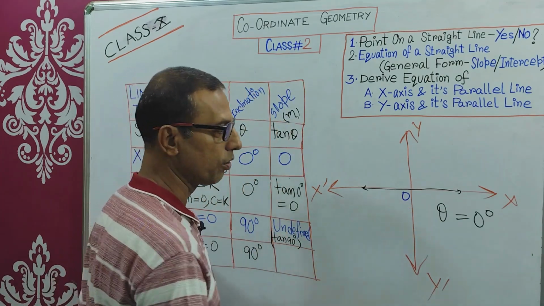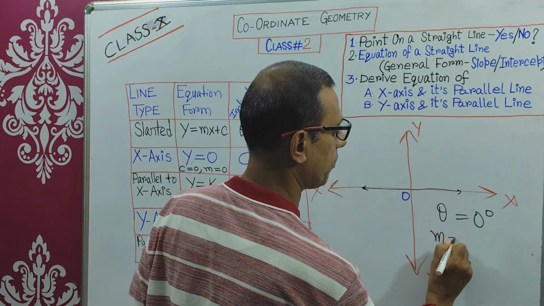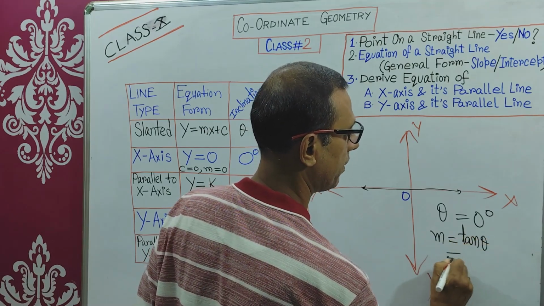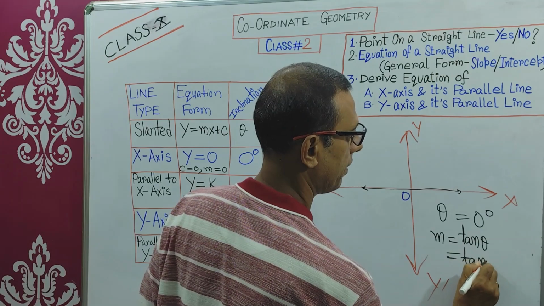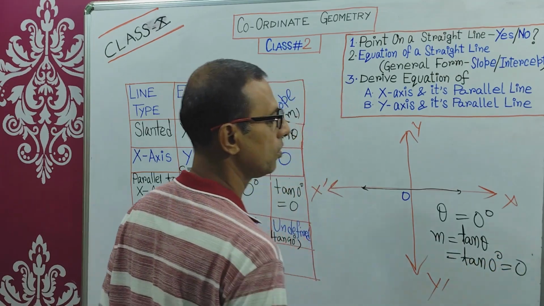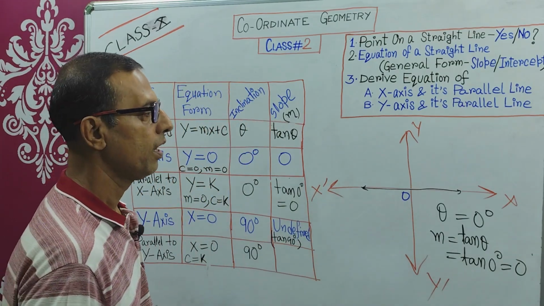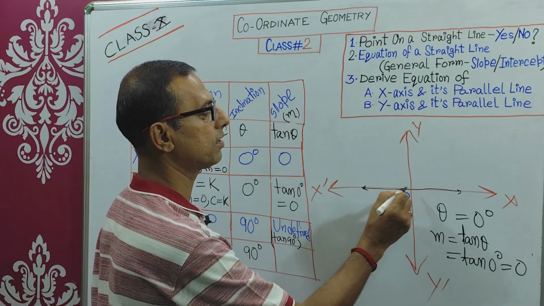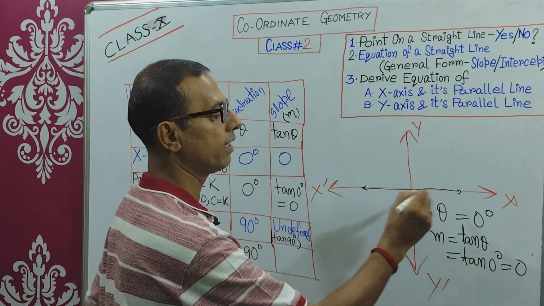If theta is 0 degrees, then m equals tan theta is tan 0 degrees. What is the value of tan 0? That is 0. So the value of m is 0, and it is not intercepting the y-axis because it is just the x-axis. That means there is no intercept.